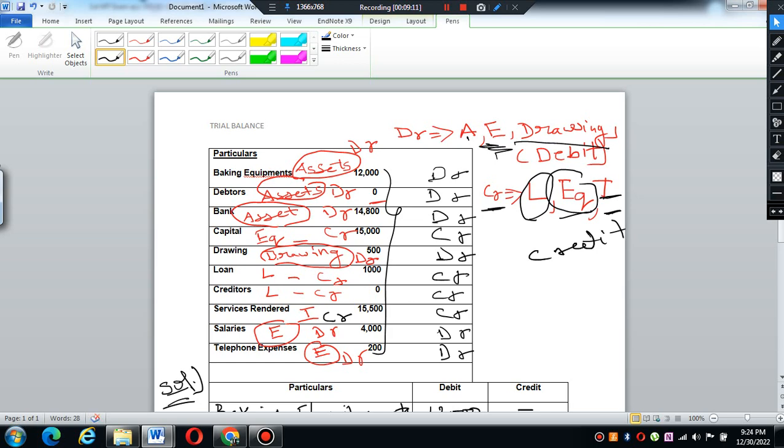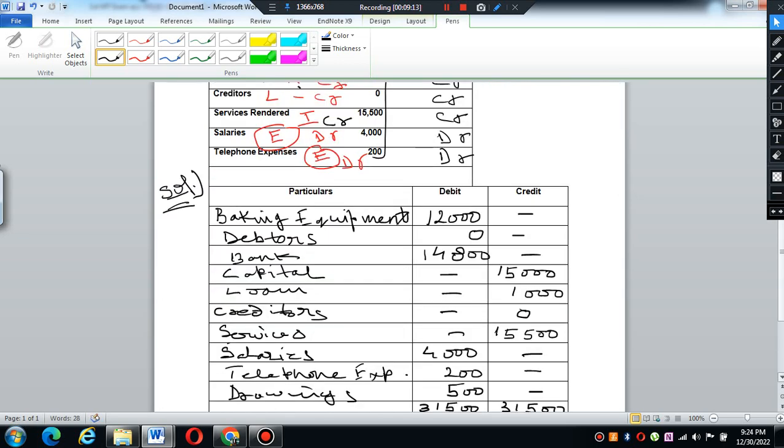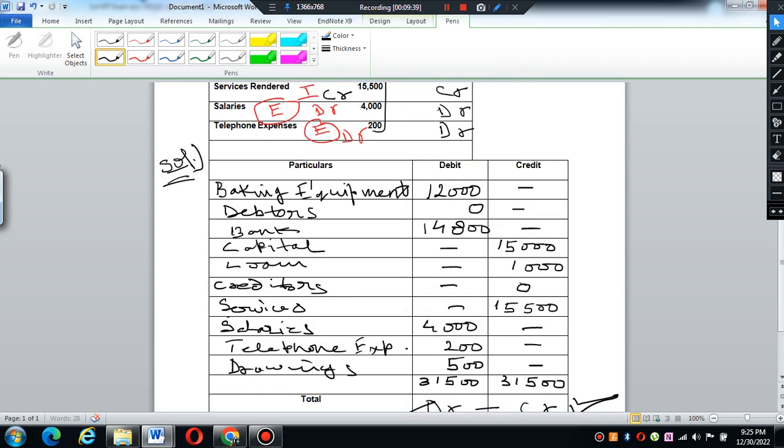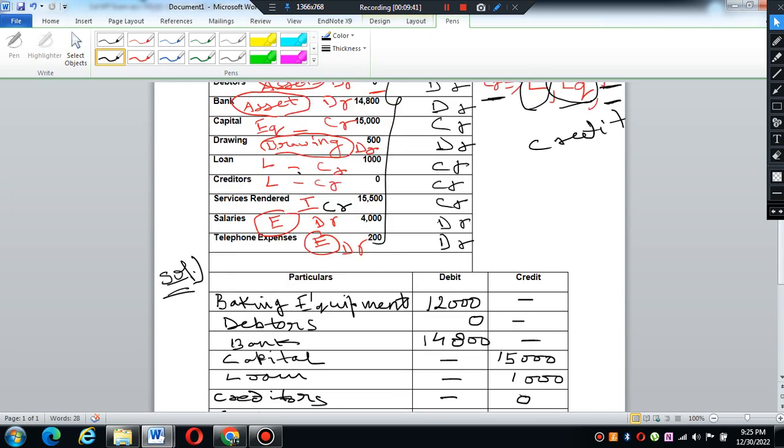So you will write all those transactions like this, and after that you will simply add them up and see whether debit equals credit. If the totals are equal, your answer is correct, your trial balance is correct, because the trial balance is a method to check the accuracy of the result. Okay, so this is the complete problem.